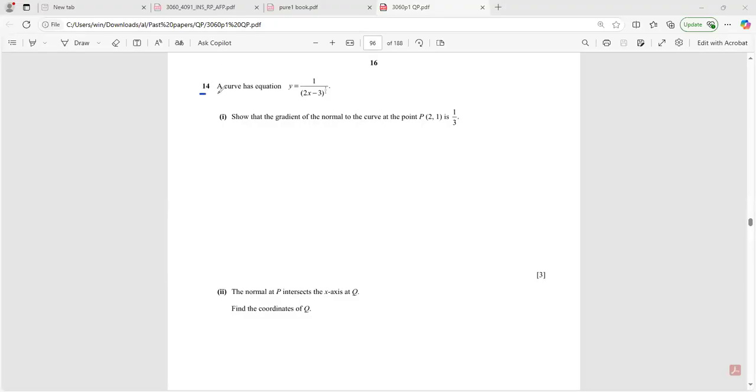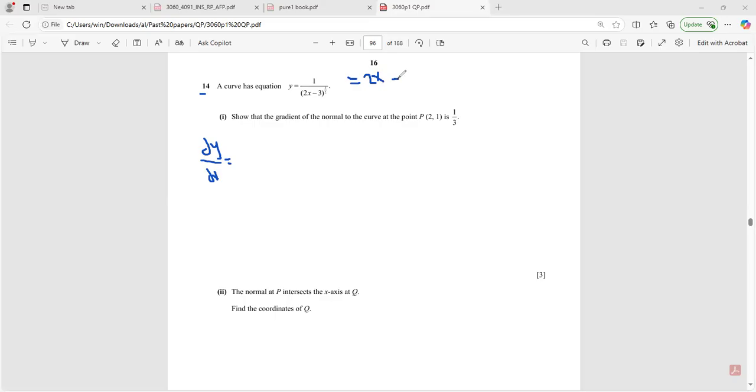Here, question 14, the curve has equation y equals blah blah blah. Show that the gradient of the normal at the point P 2, 1 is something. Okay, so gradient means dy over dx. So we're going to get the derivative, dy over dx here. First of all, we have to rewrite this, which is y will be equal to 1 multiplied by anything, it will equal to 1.